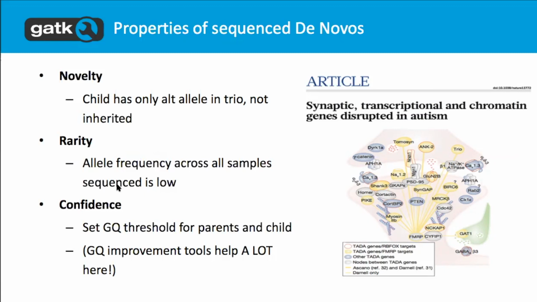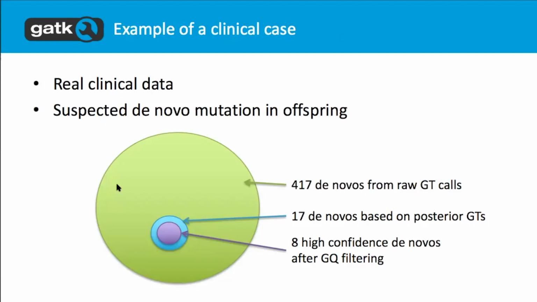And this is an example of a clinical case. We touched on it briefly yesterday in one of the intros, if you remember. This was a real case where one of the developers on the team consulted on a clinical case where they figured that the child probably had some kind of de novo mutation based on the disease they were exhibiting.